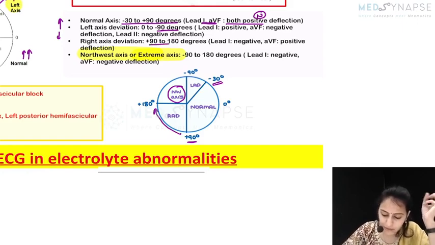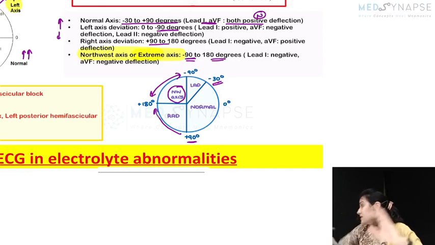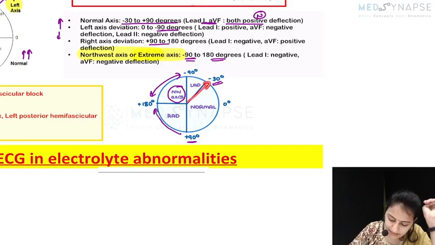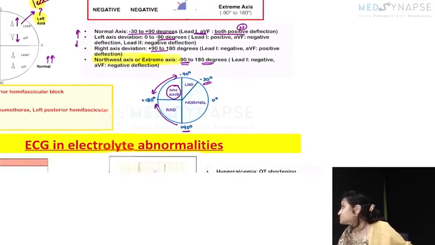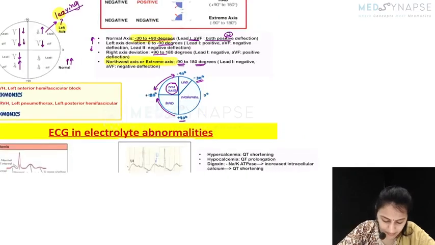So plus 90 to 180 and northwest is basically this area which is minus 90 to plus 180. If you remember this diagram, you remember the values. So upper wala is minus, this is plus, minus 30 to plus 90 is normal. At least remember the normal axis is minus 30 to plus 90.